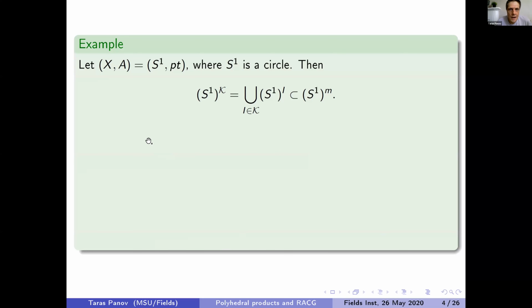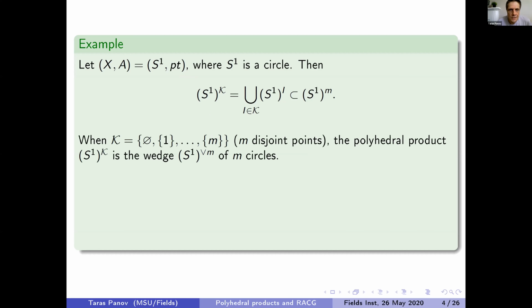The first one is you take the pair, the circle and the point, and then you get this subcomplex in the m-torus, the polyhedral power of the circle. In geometric group theory, it's often called the Salvetti complex, corresponding to the right-angled Artin group, although the Salvetti complex is defined for an arbitrary Artin group, not just the right-angled one. For right-angled Artin groups, it was known before.